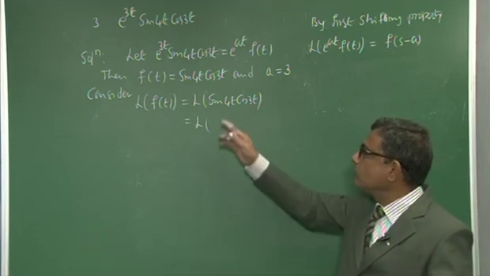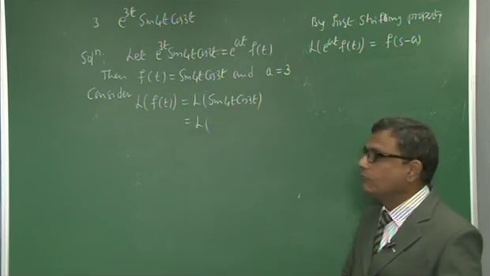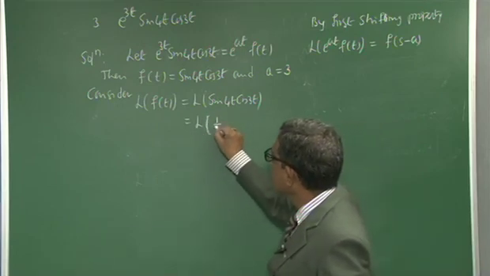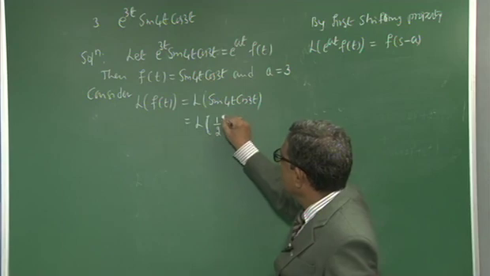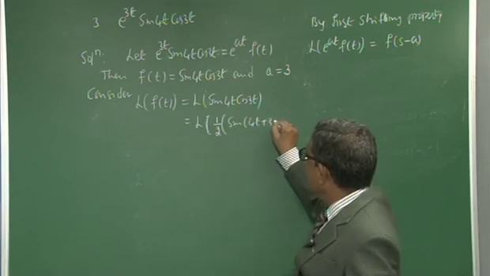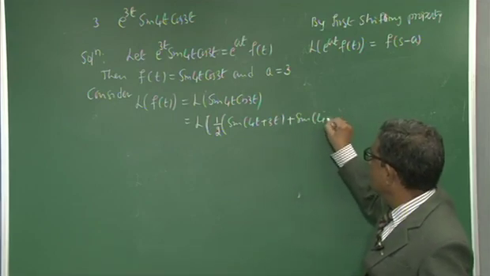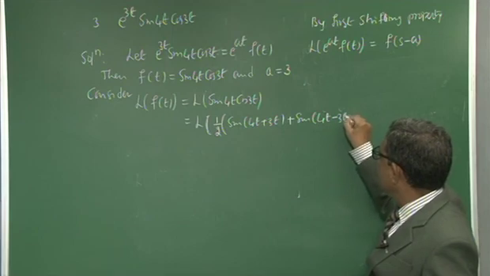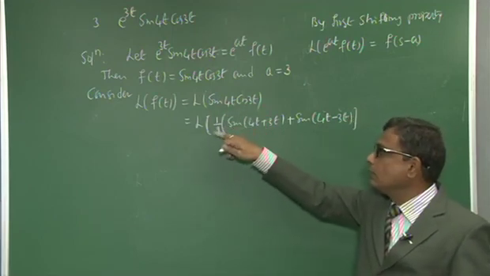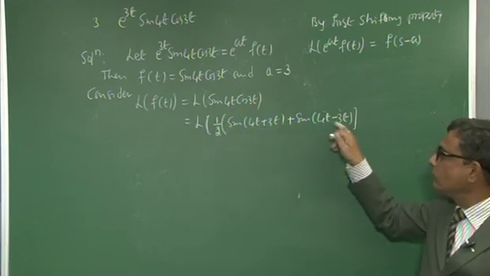It is the sin A cos B formula: sin A cos B is 1 by 2 times sin of A plus B plus sin of A minus B.